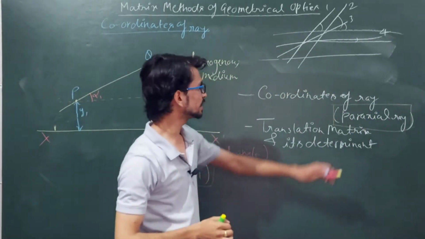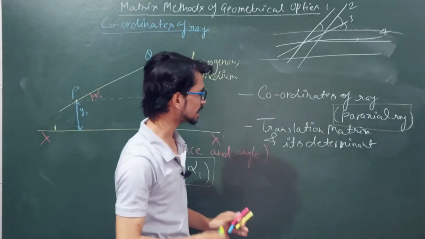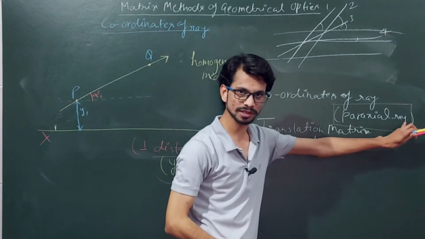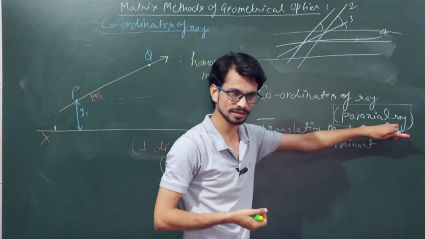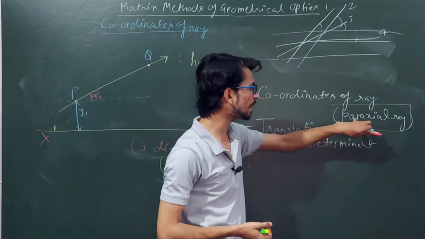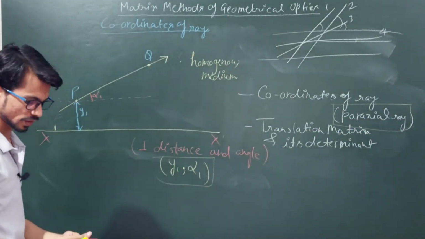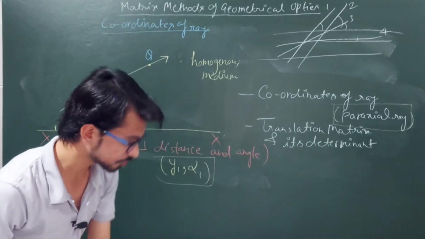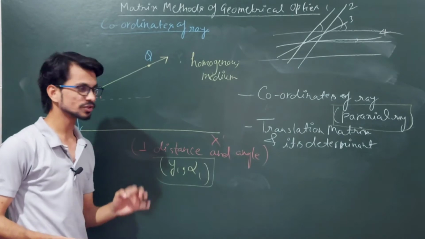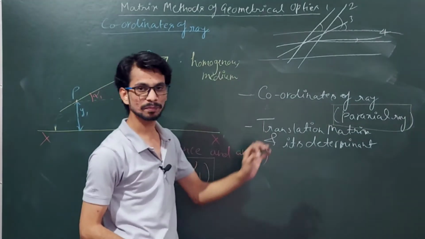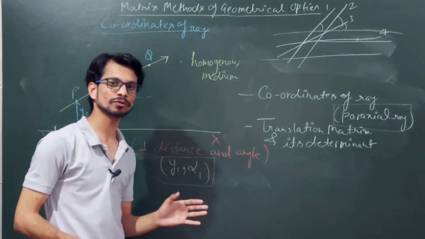So such kind of rays which make a small angle with the principal axis are referred to as paraxial rays, which are just like parallel to the principal axis. So para-axial means parallel to the axis. In this complete course of matrix method in geometric optics, I will take only and only paraxial rays, and this method is only applicable for the paraxial rays, not for the other rays.